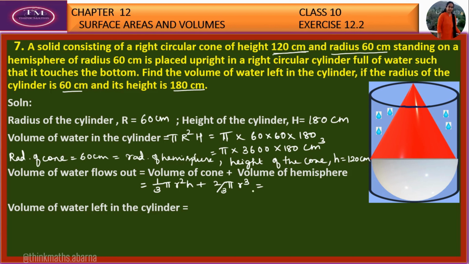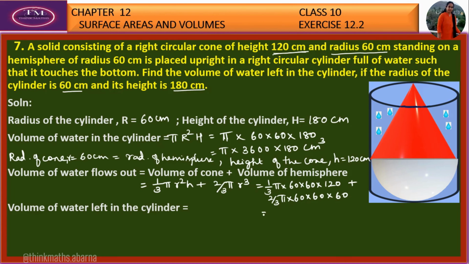Now substituting these values, it is 1 by 3 pi. What is r? This is the value of r. R is 60. So 60 into 60. H value is 120 plus 2 by 3 pi into r cube. R cube means 60 into 60.